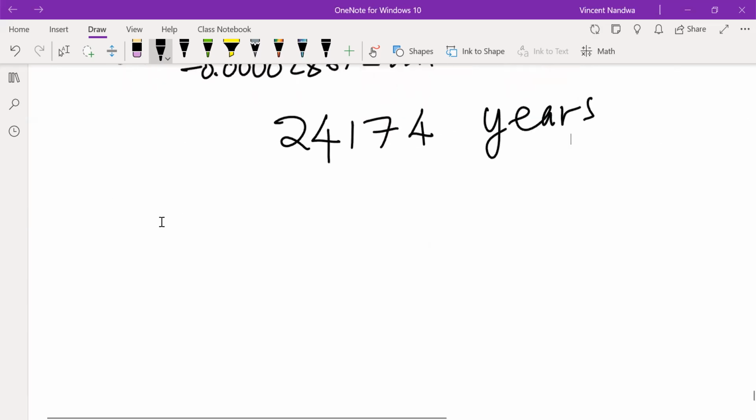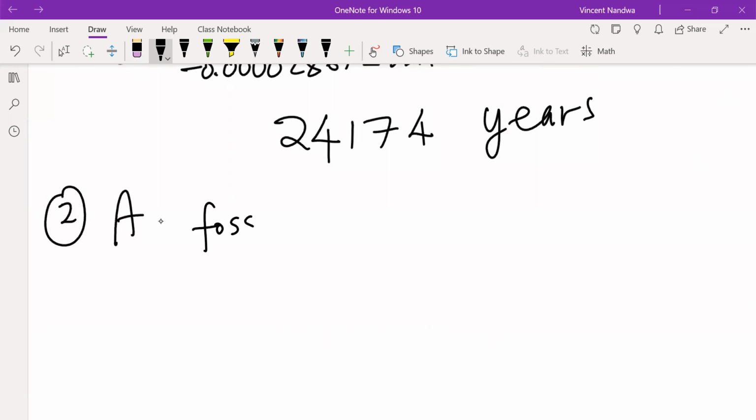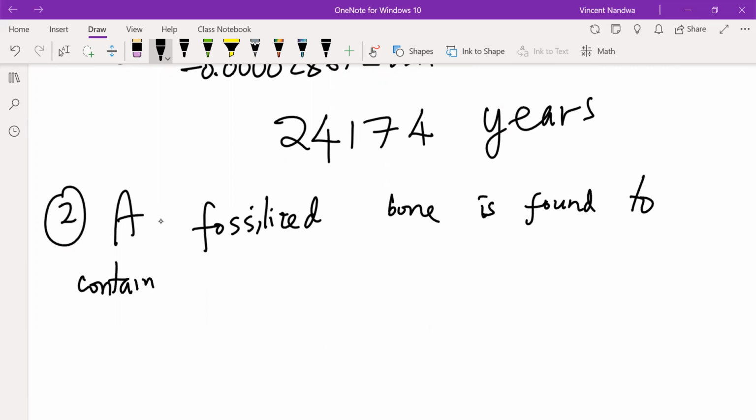And then number 2, a fossilized bone is found to contain 1/1,000 of carbon-14.